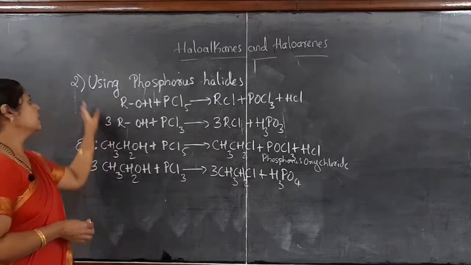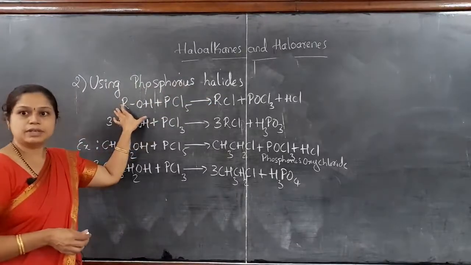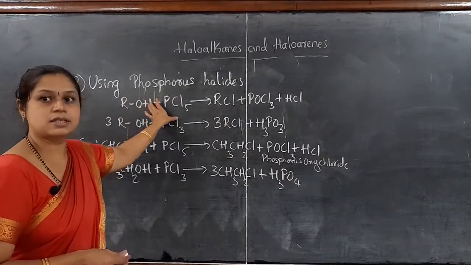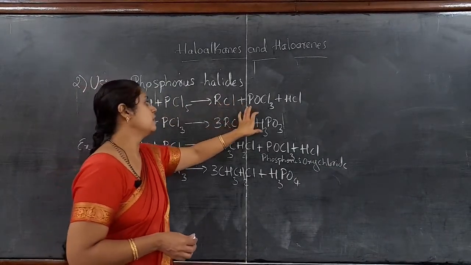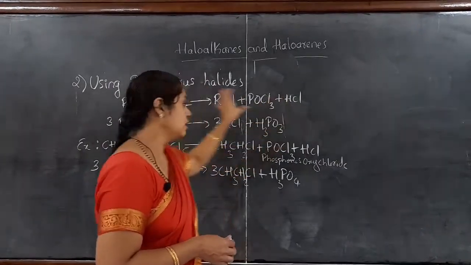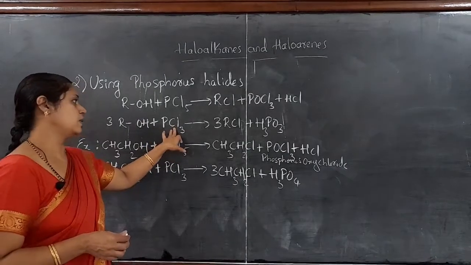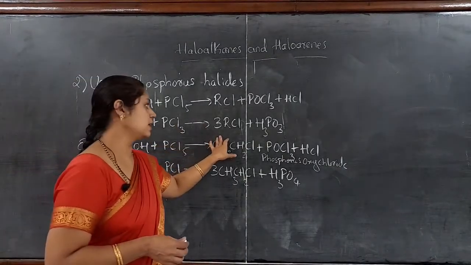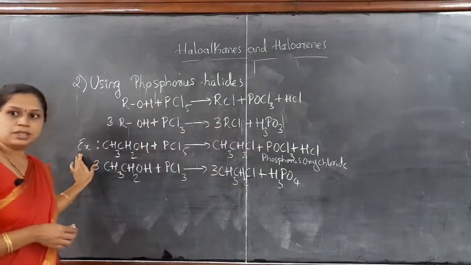The next method is by using the phosphorus halides. Alcohol, when it reacts with phosphorus pentachloride, gives the chloroalkane, phosphorus oxychloride and hydrochloric acid. Alcohol, when it reacts with phosphorus trichloride, gives the chloroalkane with phosphorous acid. Let me take an example here.